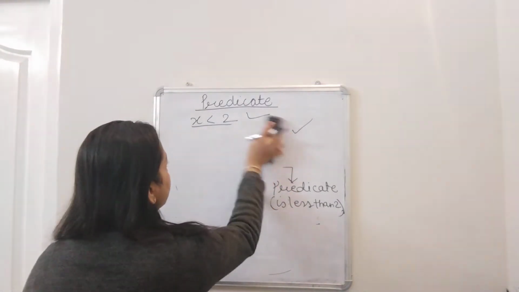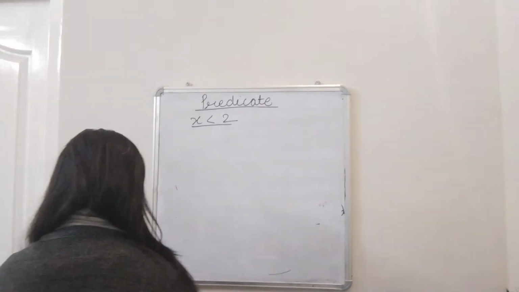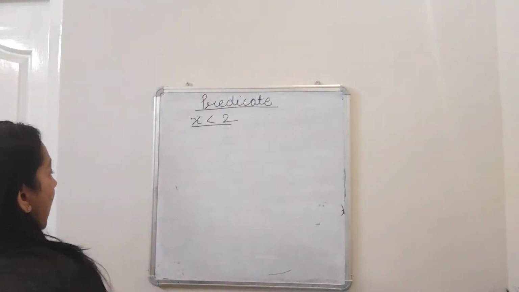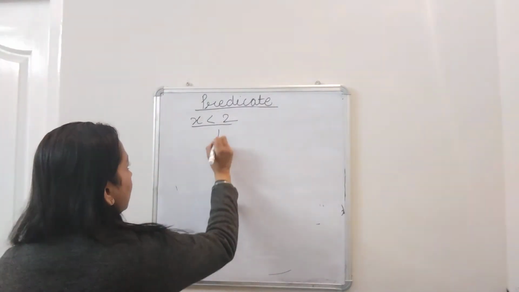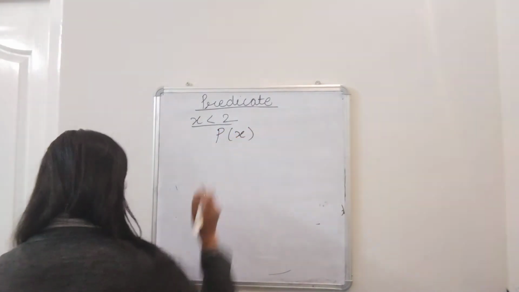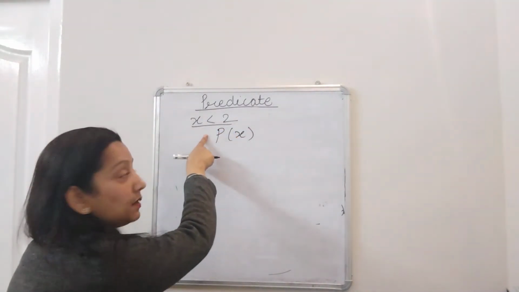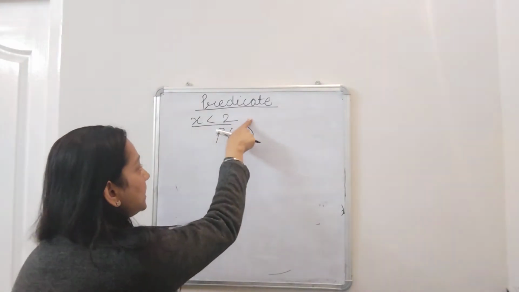If I consider this predicate, which is x is less than 2, I can denote it by p of x.